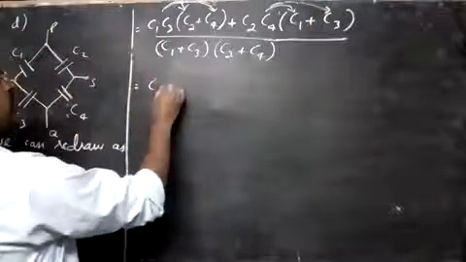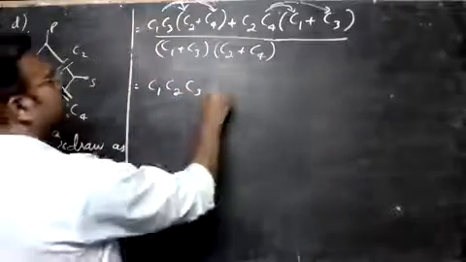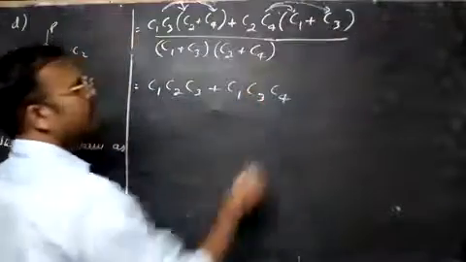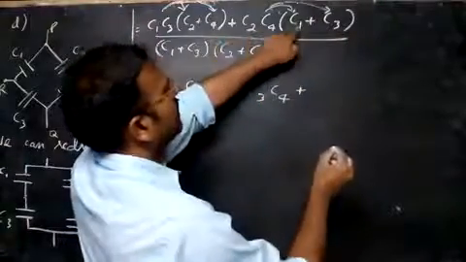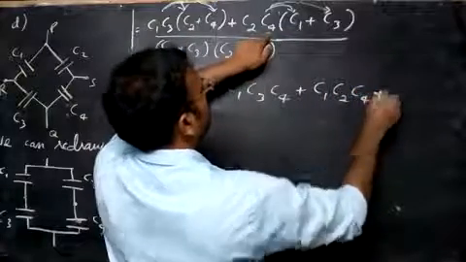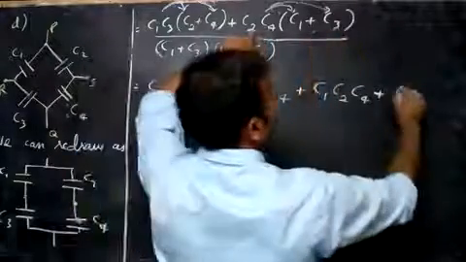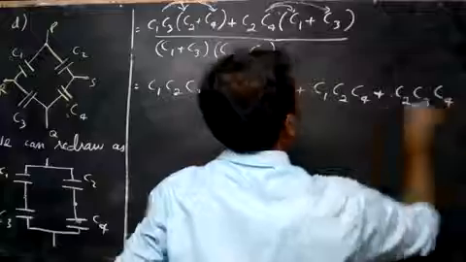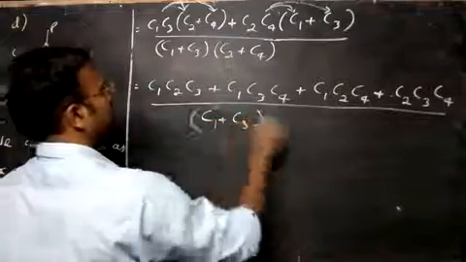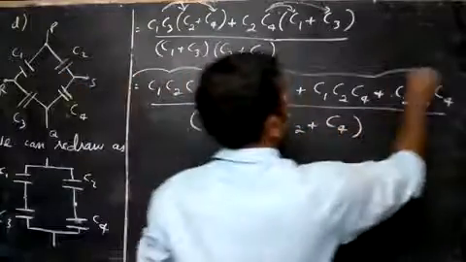We get C1 C2 C3, again plus sign, plus C1 C3 C4, plus C1 C2 C4, plus C2 C3 C4, divided by this quantity, that is C1 plus C3 into C2 plus C4. This is the answer we need for the first part.